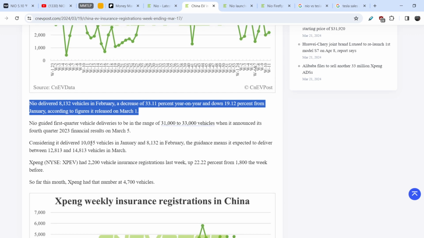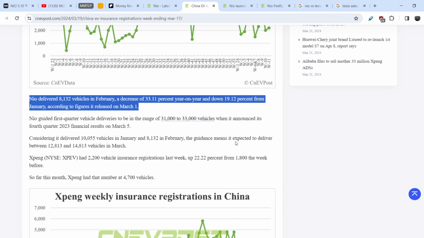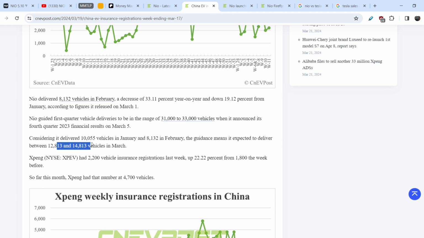Considering it delivered 10,055 vehicles in January and 8,132 vehicles in February, the guidance means it expected to deliver between 12,813 and 14,813 vehicles in March.